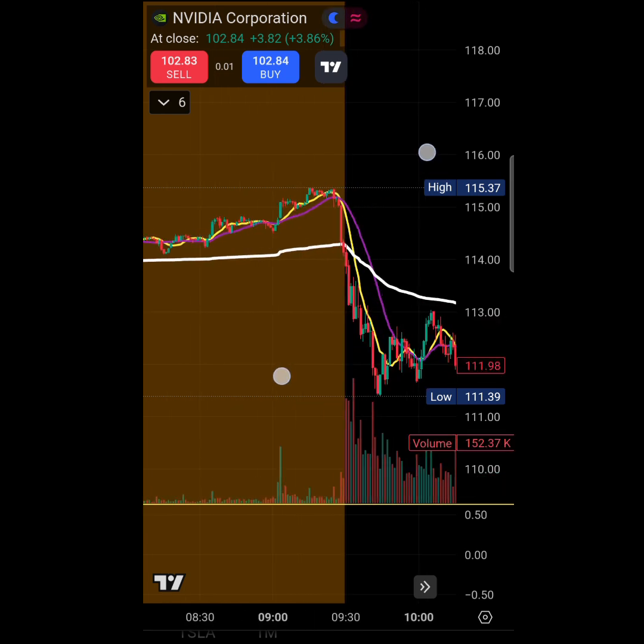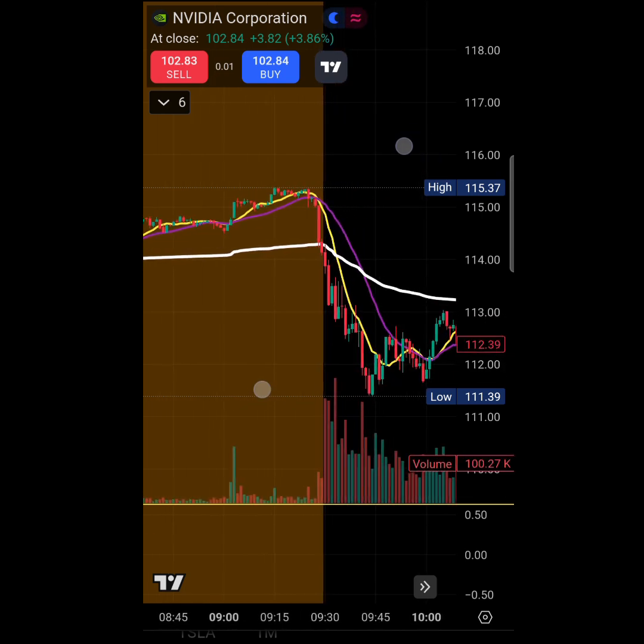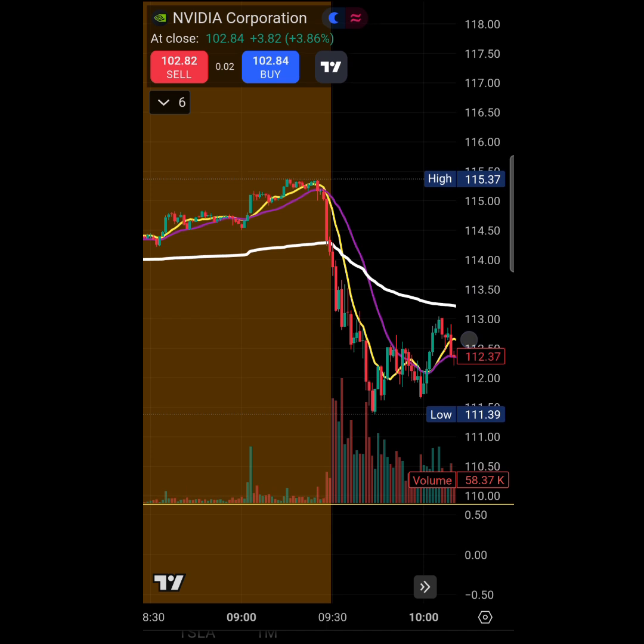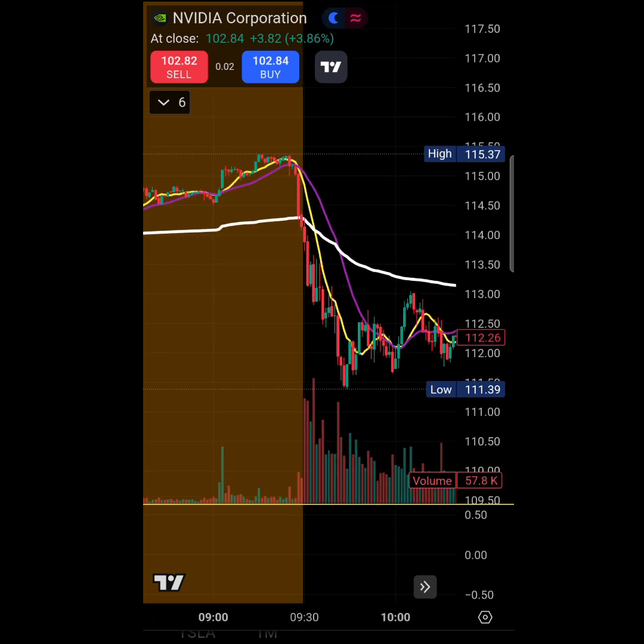And why do you need to know this? Because the whole point of trading is to preempt, at least have an idea. I mean, you can't always preempt, but you can at least give yourself a good chance to see if the market is going to be going up or going down. You need to have this in mind so that you can prepare to either place calls or place puts.